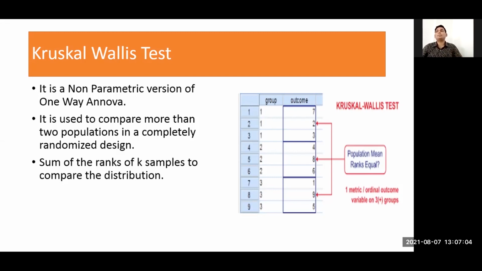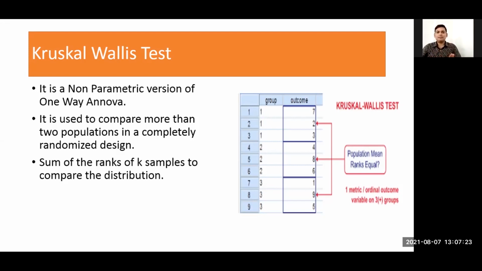In that case, you have to switch over to the Kruskal-Wallis test for your research, and that is why it is a non-parametric version of one-way ANOVA, used to compare more than 2 populations in a completely randomized design.